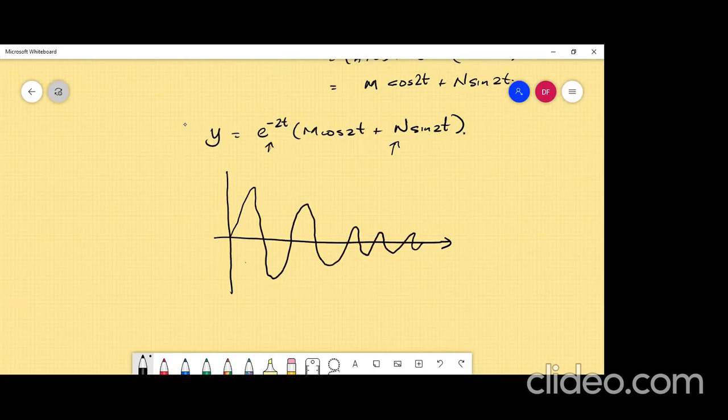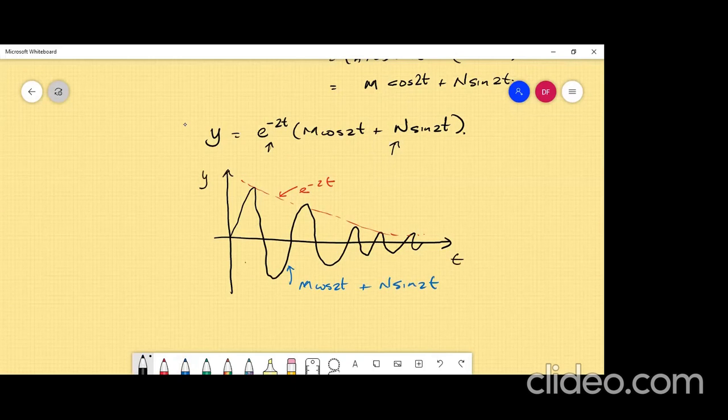Something like this. So this is the e to the minus 2t part, the exponential decaying part, and this part is the m cos 2t plus n sine 2t. We don't care if it doesn't look so wonderful. Like I said, I just want to establish something.